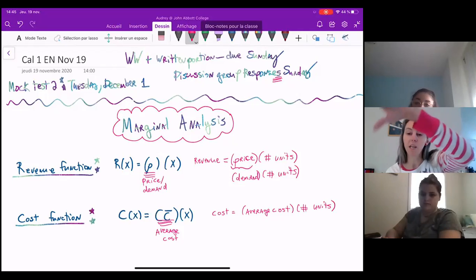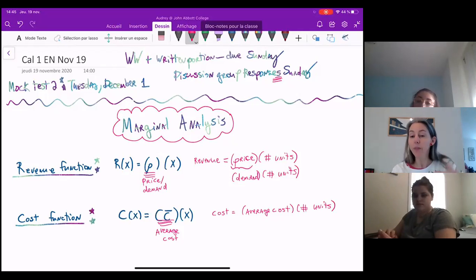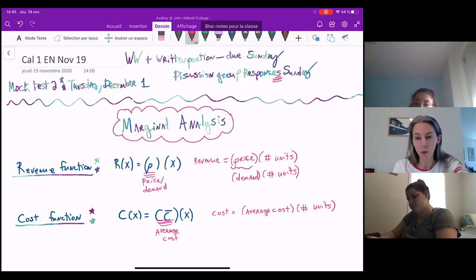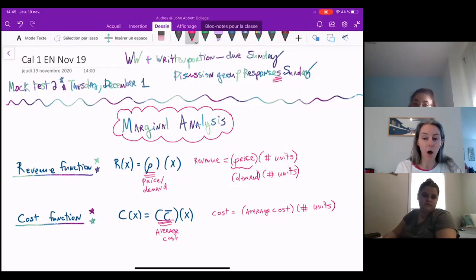But once I started making more things, the amount that it cost me to increase would go down. So maybe the first two cost $10, and then $9, and then $7 to make the fourth one, and then $5 to make the fifth one. Average cost is the amount that it costs to produce one unit, assuming that it costs the exact same thing to make all of them. So like, if it cost me $100 to make 10 units, then average cost would be $10 per unit.